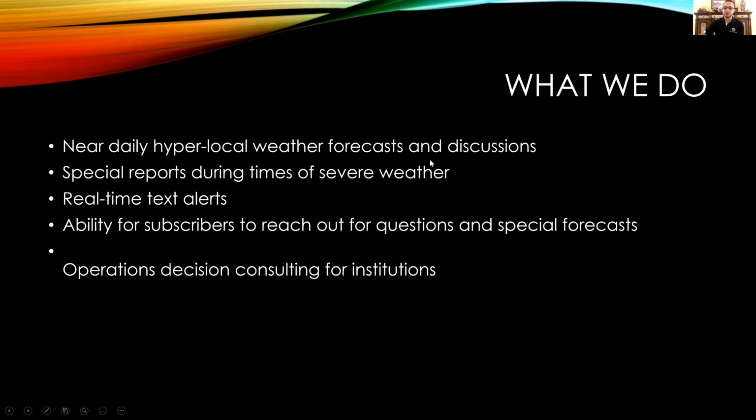But we also try to focus on the human impacts of our forecasts. So we talk about threats to schools and threats to safety and what it would be like to have a barbecue outside that day. And we also try to convey our uncertainty, because there's a lot of that. So every forecast that we send out, we put a score on it for how uncertain we are. We also provide text alerts and the ability for subscribers to reach out with questions and special forecasts.